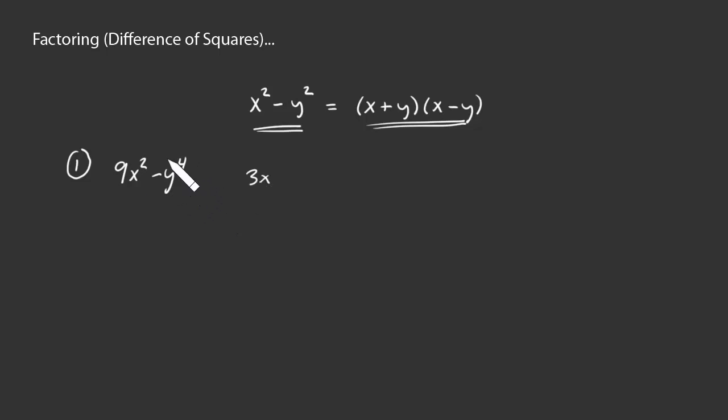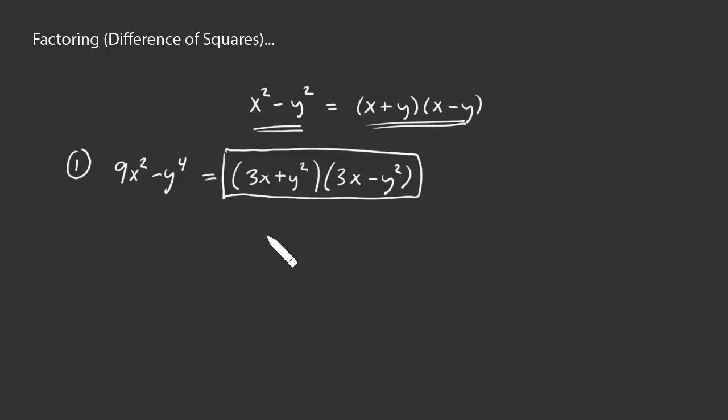Is there something you can square to get this term? Sure, y squared. That makes it a difference of squares. We can immediately then go to, this is the product of the sum of those two things times the difference of those two things. And we're done, right? Difference of squares problems are typically very fast, very quick application of this.